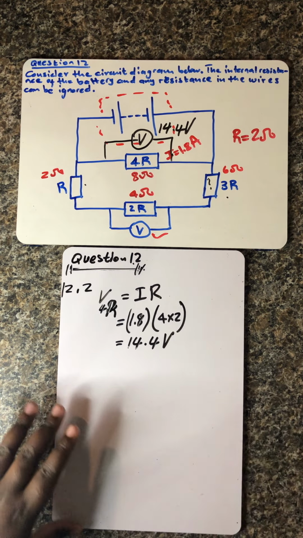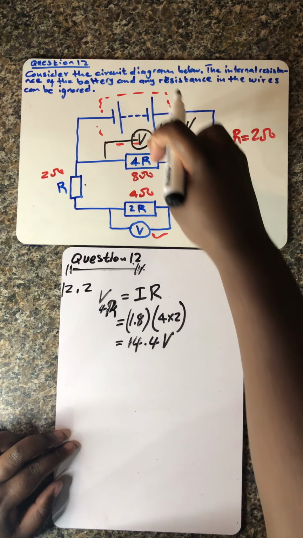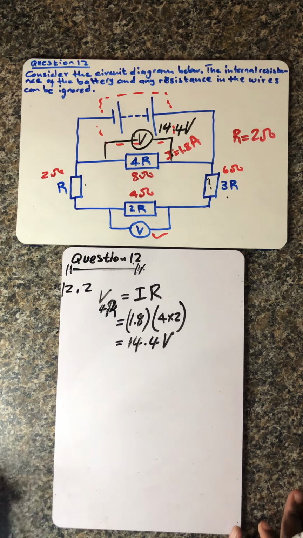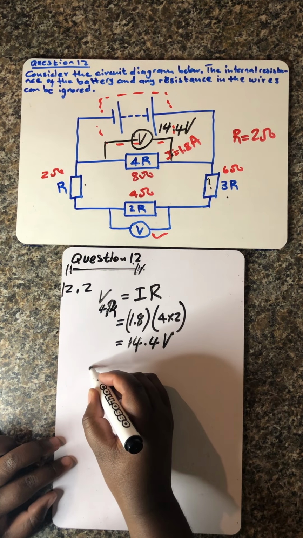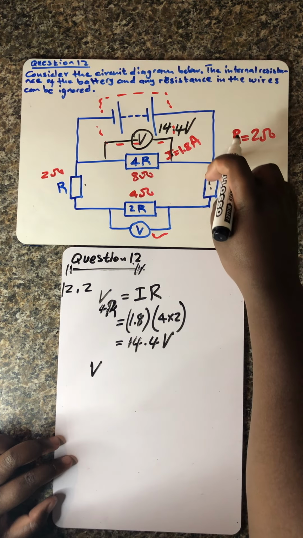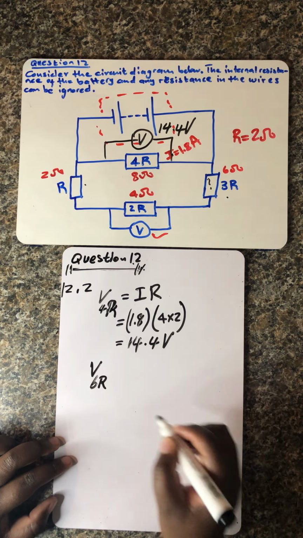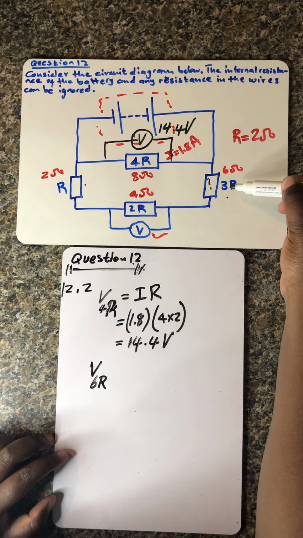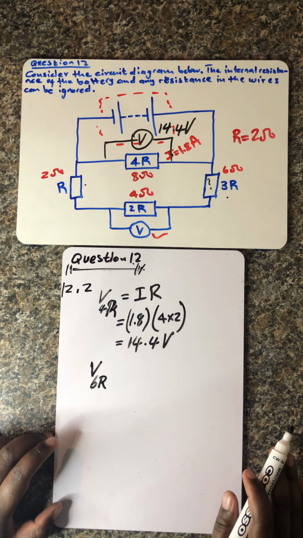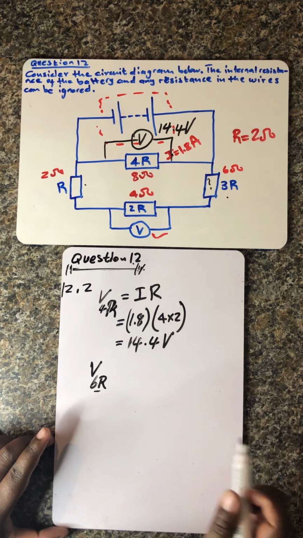So why did we have to calculate the V of that 4R? It's because if we get that V, then we'll know the V of that total. So obviously that means the V of 6R. Guys, if you forgot the 6R, or if you started this lesson in the middle, please make sure at the end you start watching this lesson from the beginning, because you'll understand what I mean by 6R.